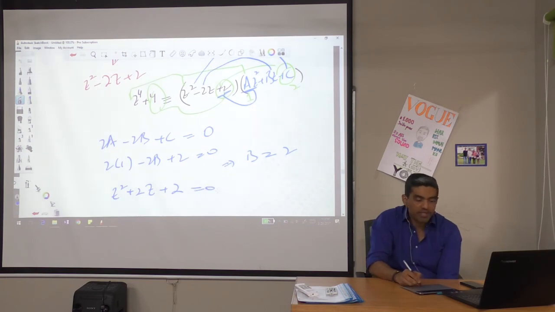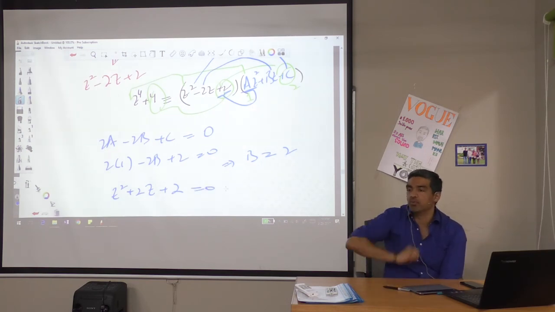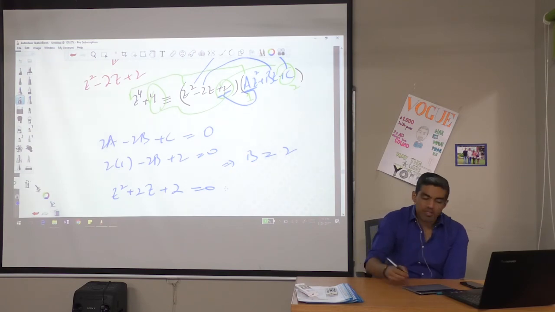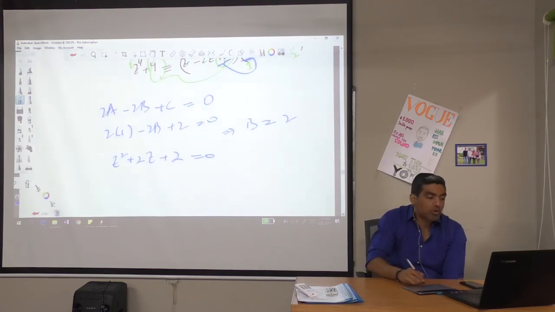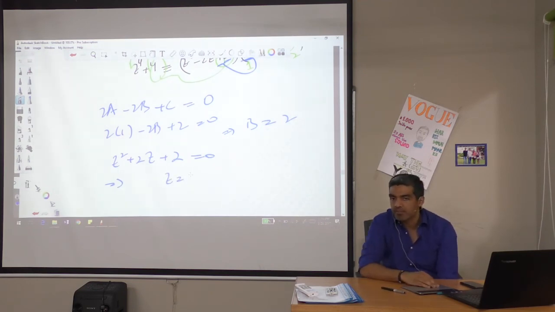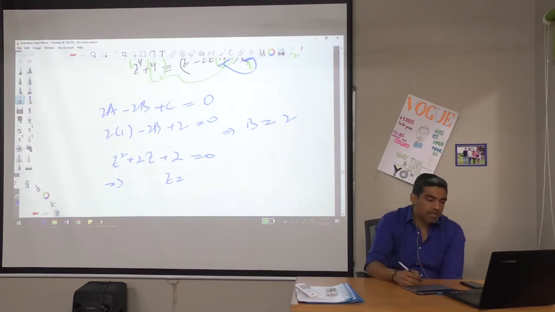This now needs to be solved to get the other two roots out. Whether you use the middle term or whatever, you might be getting complex roots, so just to be on the safe side, use the quadratic formula. And what are we getting? -1 + i and -1 - i. These are the other two roots.